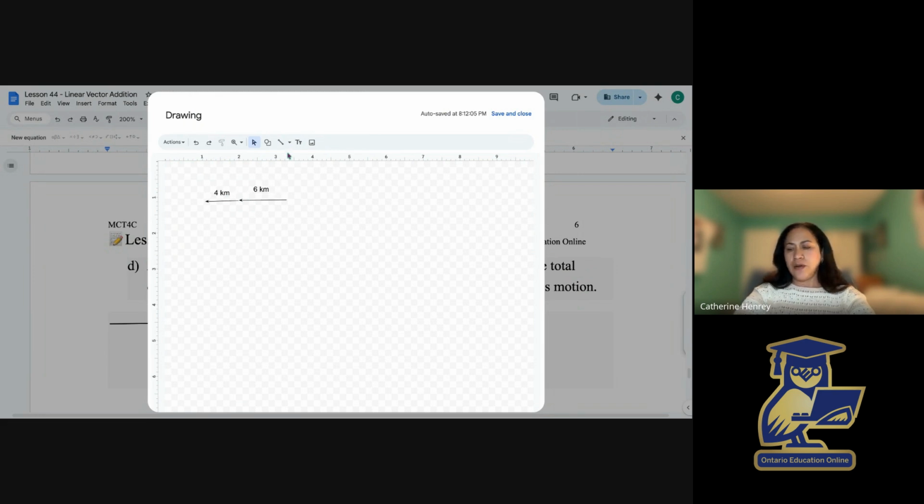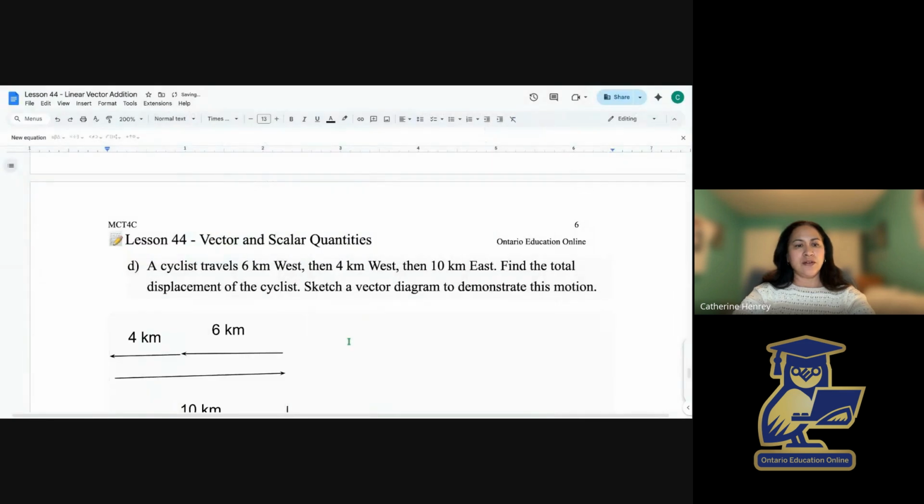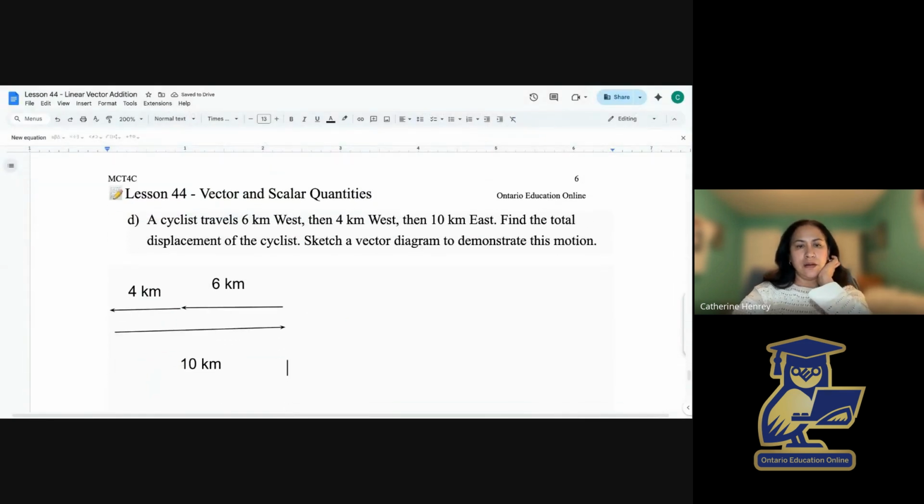But then we turn around and the cyclist travels 10 kilometers east. So I'll put another line, and in this case, we're going to go back in the easterly direction. Again, put an arrow and a text box. And this will be 10 kilometers. So there's a sketch of my vector diagram right here.